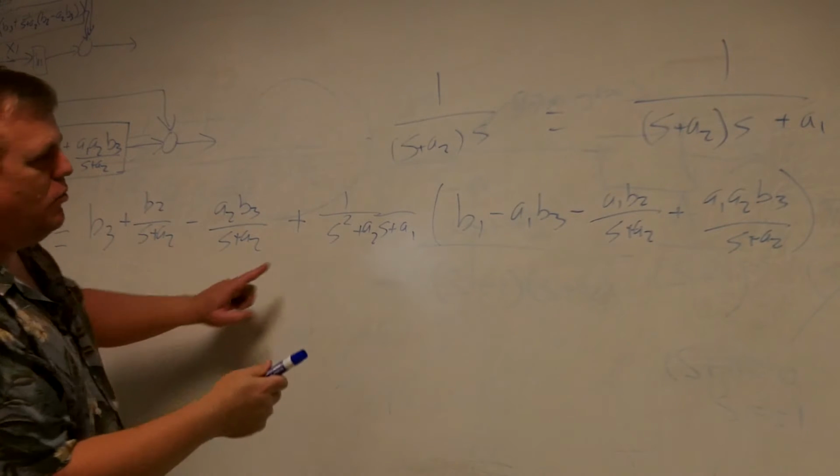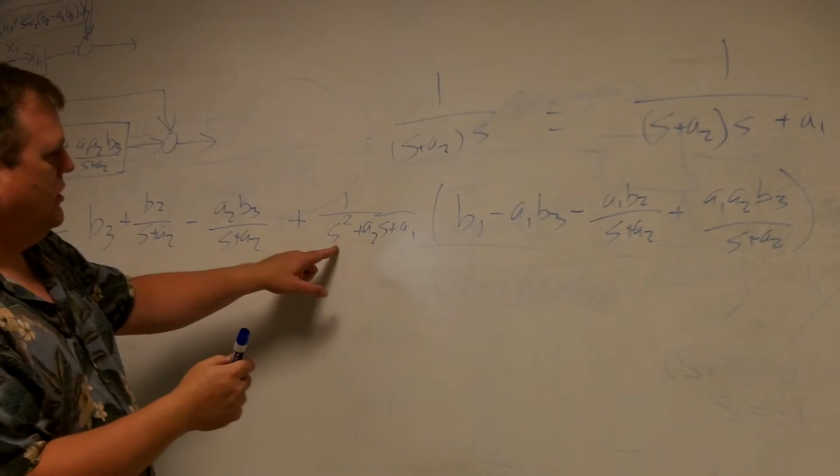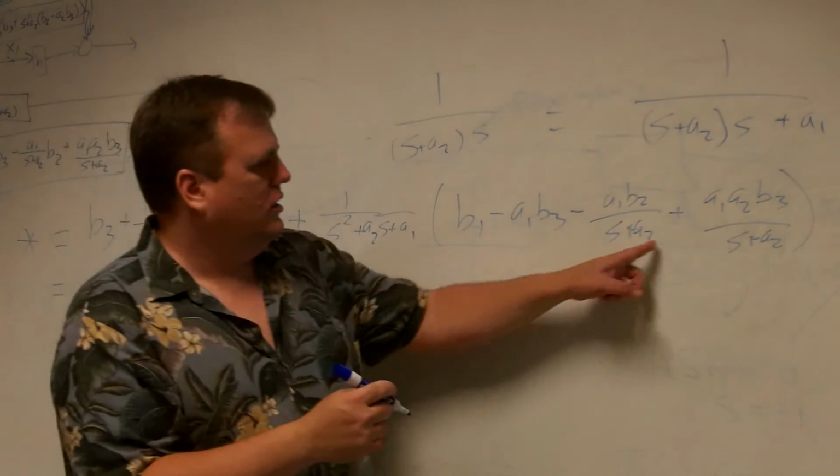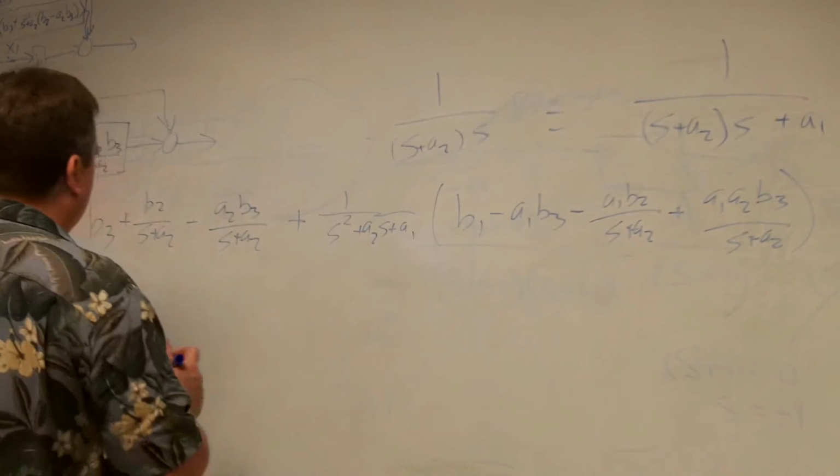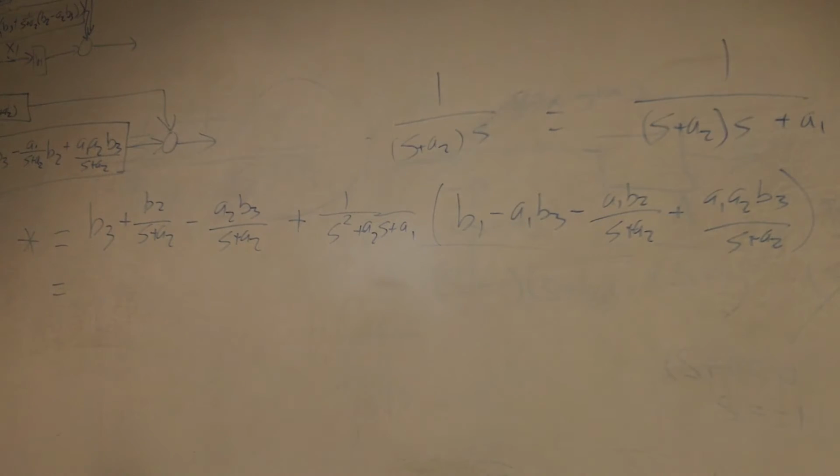So let's take a look at my worst case. I've got this one times this part, which is just S. That S plus A2 is going to be the same at least.